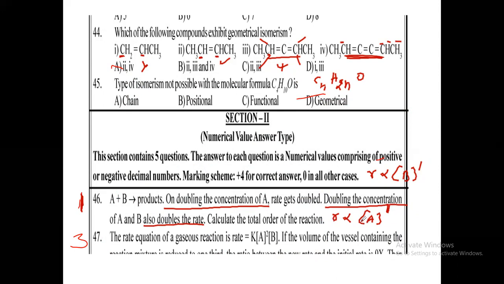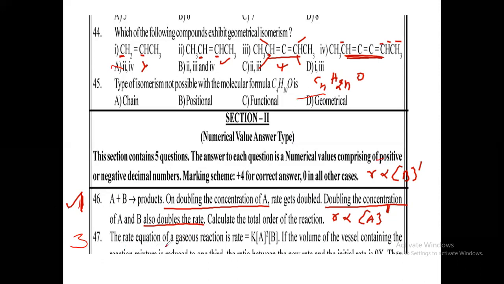That is the given statement here. From this statement, what we have to understand is that the rate is directly proportional to the first power of concentration of A. Therefore, the order of reaction is 1. n is equal to 1.